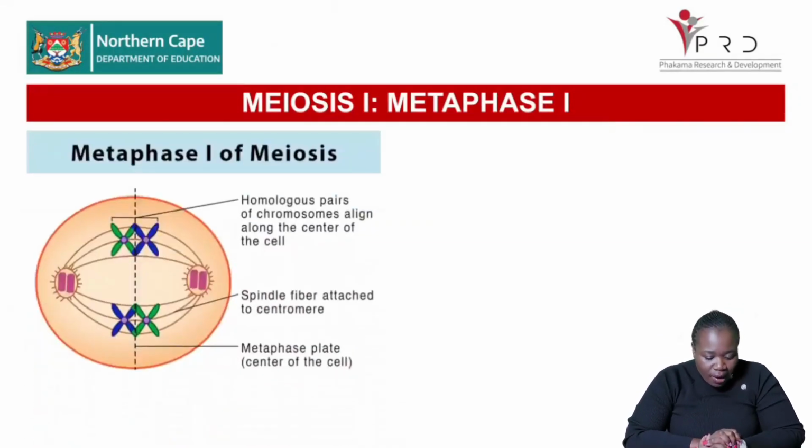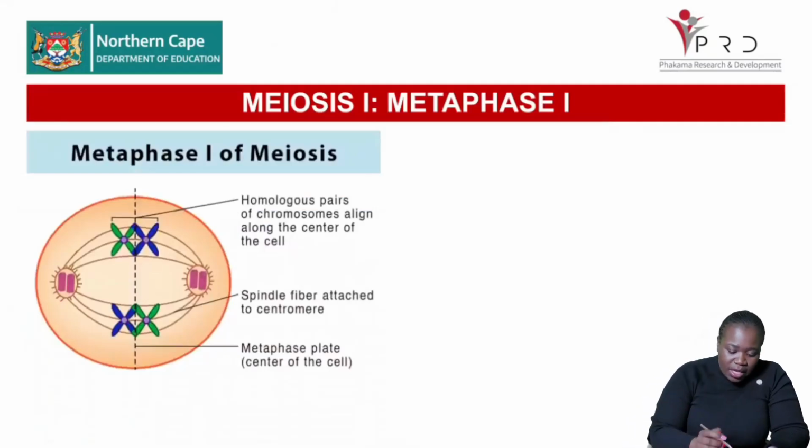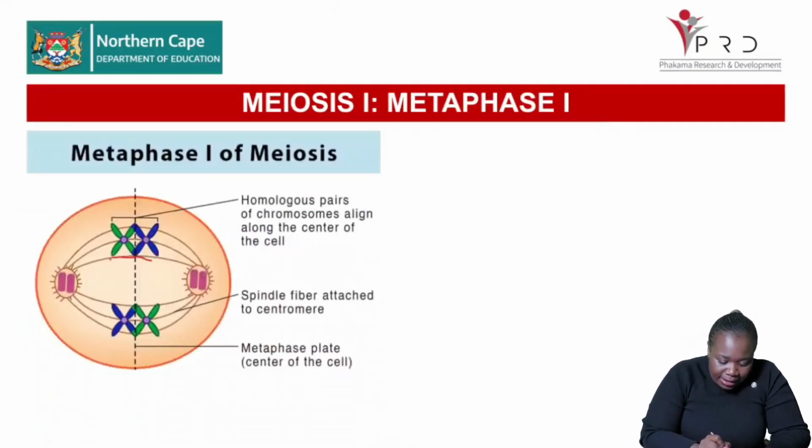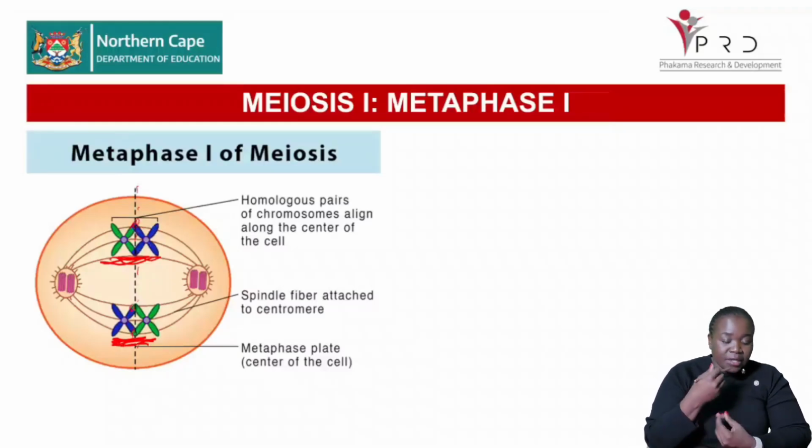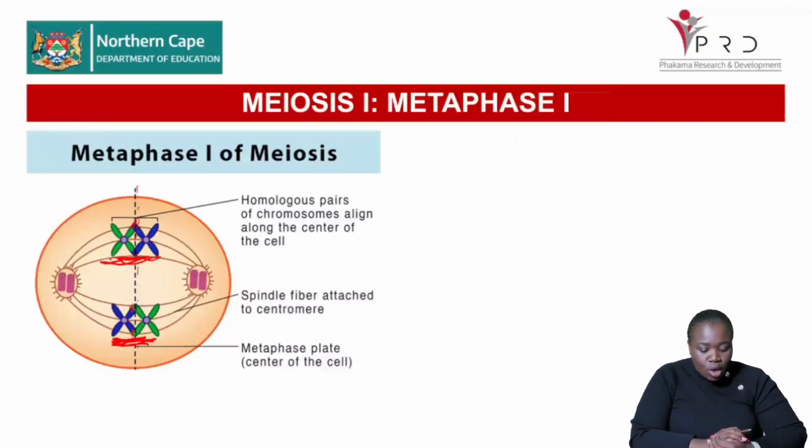Right, so as we look at this, we will see that the chromosomes are aligned at the equator in their homologous pairs. We can also see that the chromosomes that have gone through crossing over now contain different genetic material from the homologous chromosome.